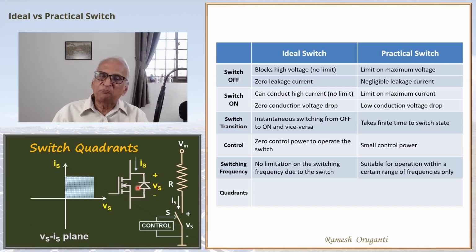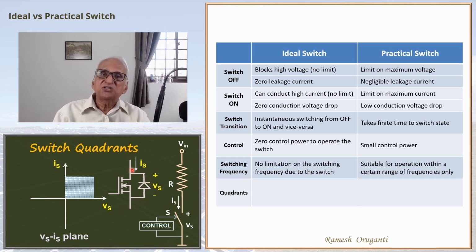This diode is part of the structure of the MOSFET, and this diode carries current in the opposite direction to the regular current Is. Here, current can flow in the device both in positive direction, that is in the direction shown, and in the opposite direction.